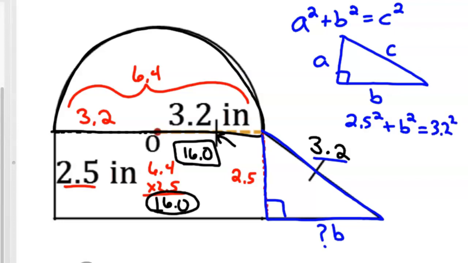And again, let's get a calculator out. You might have 2.5 squared memorized. It's one that's used quite a bit, but it's 6.25 plus b squared equals 3.2 squared, which is 3.2 times 3.2, which is 10.24. Like I say, I encourage you to use a calculator.